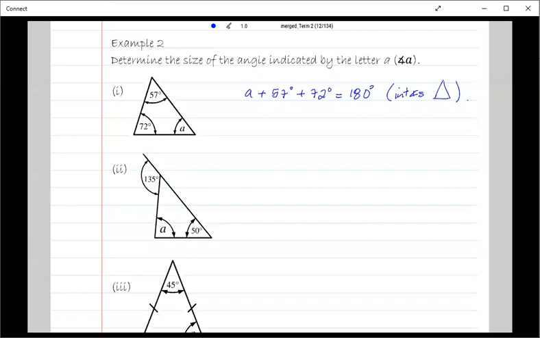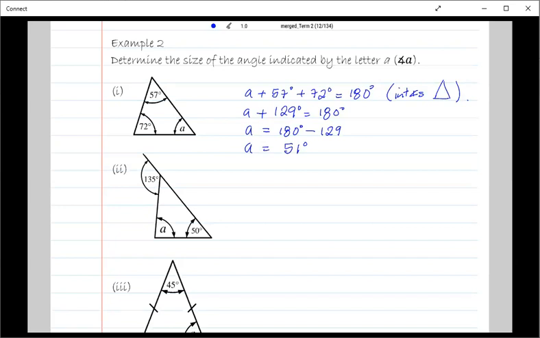So this is A plus, what is this, 129 degrees is equal to 180 degrees. A would be equal to 180 minus 129. So A would be equal to 51 degrees. Did you get that? Yes, sir. All right, very good.